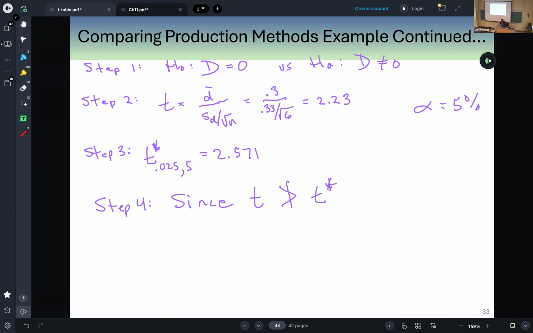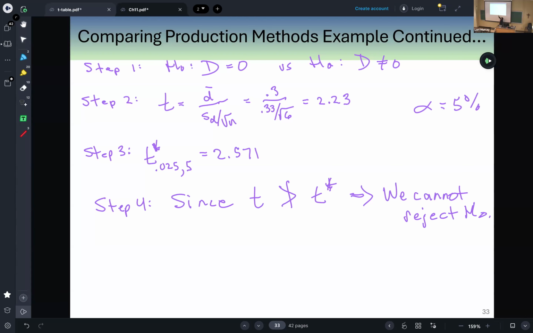So since it's not, what's our conclusion? Can we reject or not reject? We cannot reject the null hypothesis.